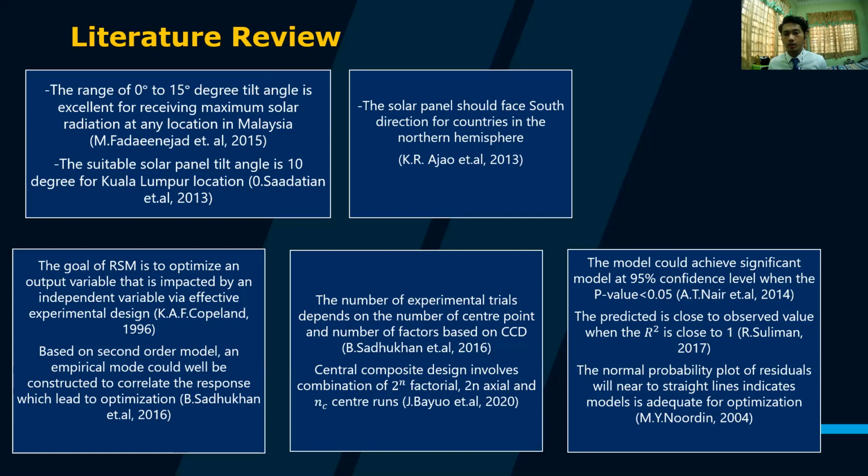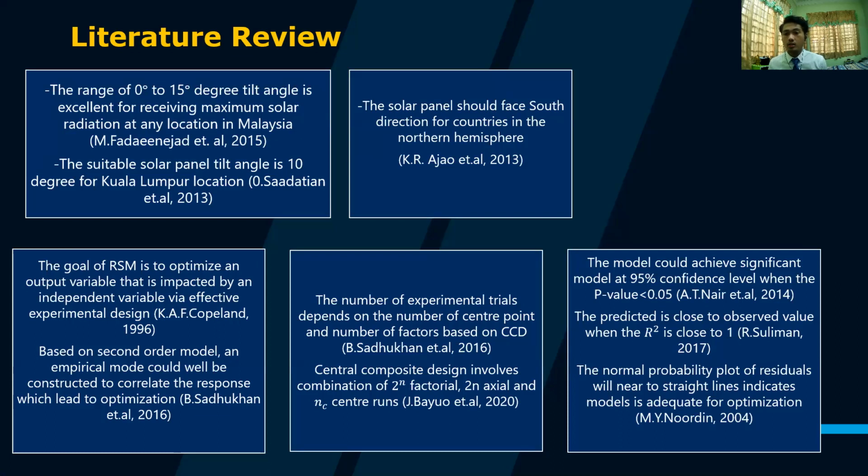Since my project requires RSM implementation, from Saruhan in 2016, based on the second order model, an applicable model could be well constructed to correlate the response which leads to optimization. And for the design of experiment from Saruhan in 2016, the number of experiment trials depends on the number of center points and the number of factors used based on the CCD.